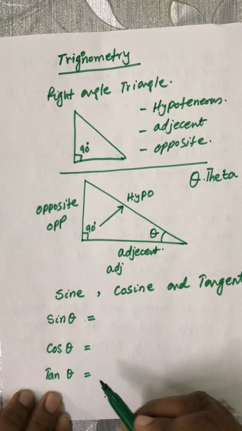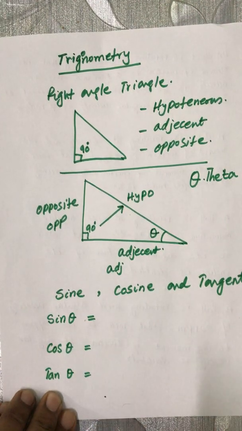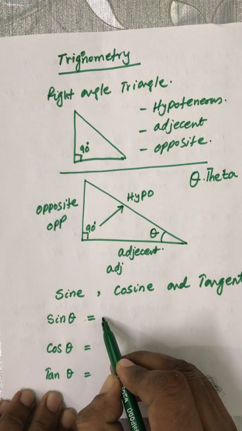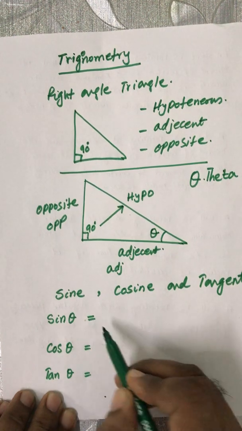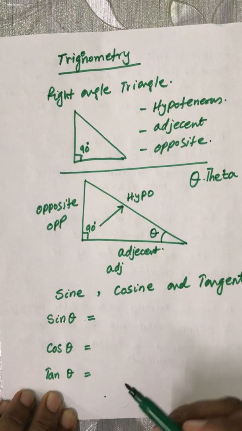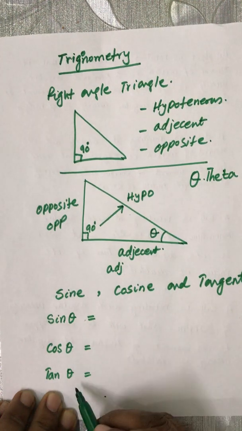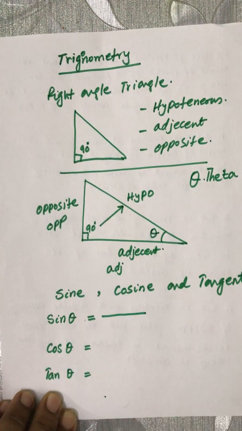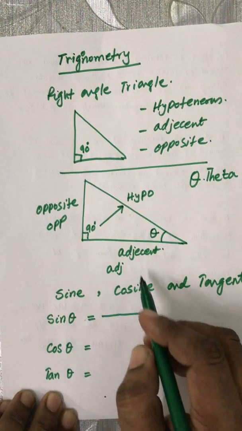These are trigonometric ratios. We have to memorize the ratio between which sides is sine theta, cosine theta, or tan theta. Sine theta is opposite over hypotenuse.